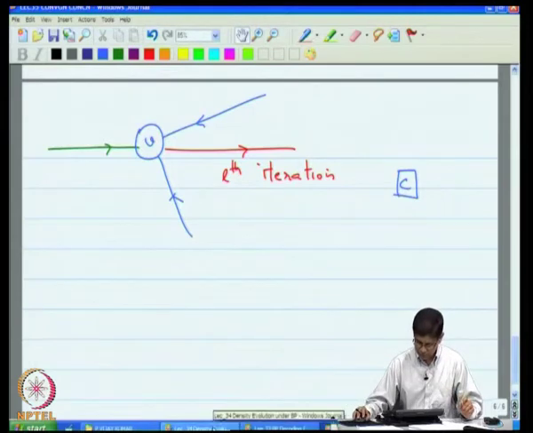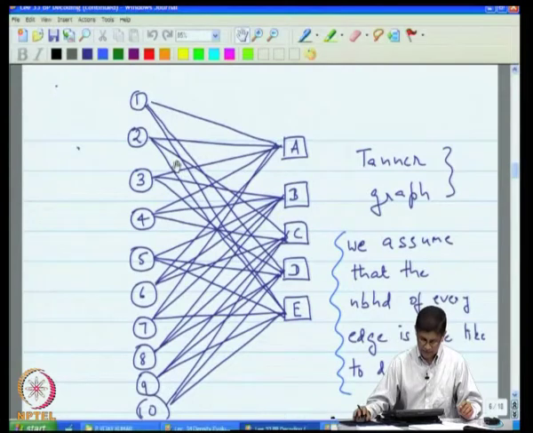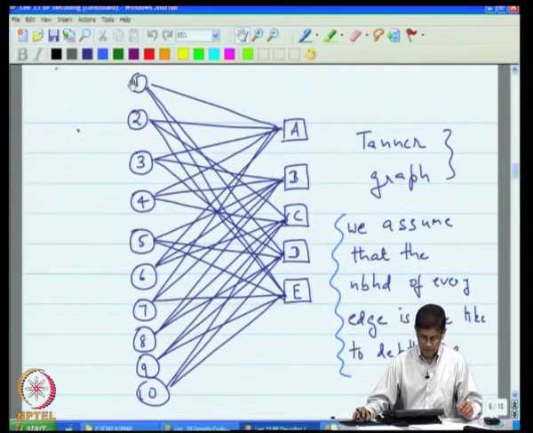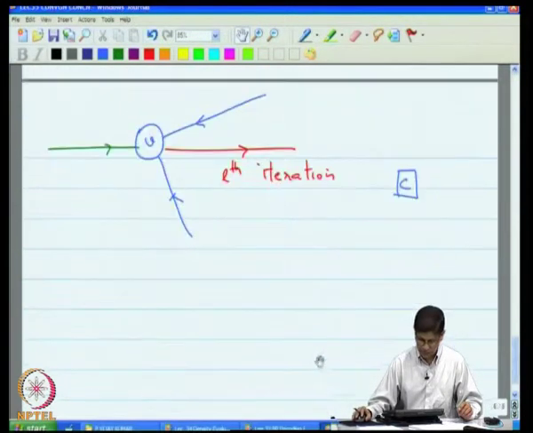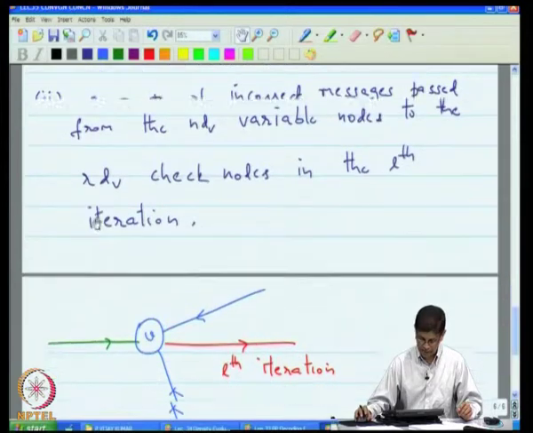The other point I want to make is that in the Tanner graph, we have always maintained n as the number of variable nodes, but I think I have sometimes used little m as the number of check nodes. For the purposes of this lecture, however, I am actually going to use r. Okay, so that is where this r came up.